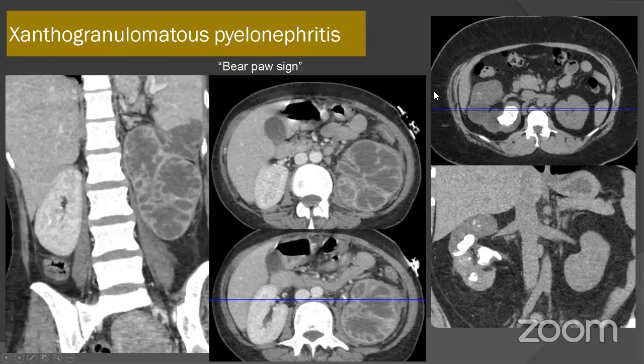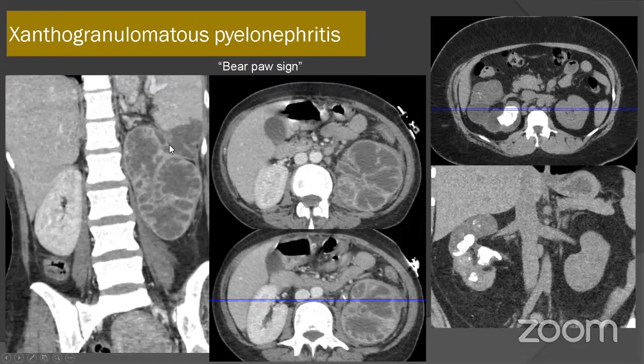I wanted to put these two cases up just to show, because I've seen quite a few cases of xanthogranulomatous pyelonephritis in my practice. These are two different patients, the first one, and this is the second one, who presented with flank pain and fever. They got imaged, and what you can see are cystic multiloculated hypodense areas within an enlarged left kidney.